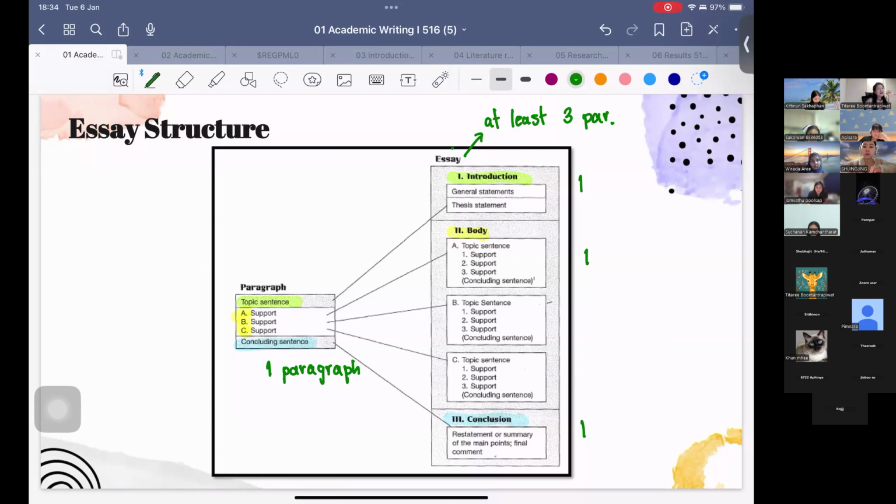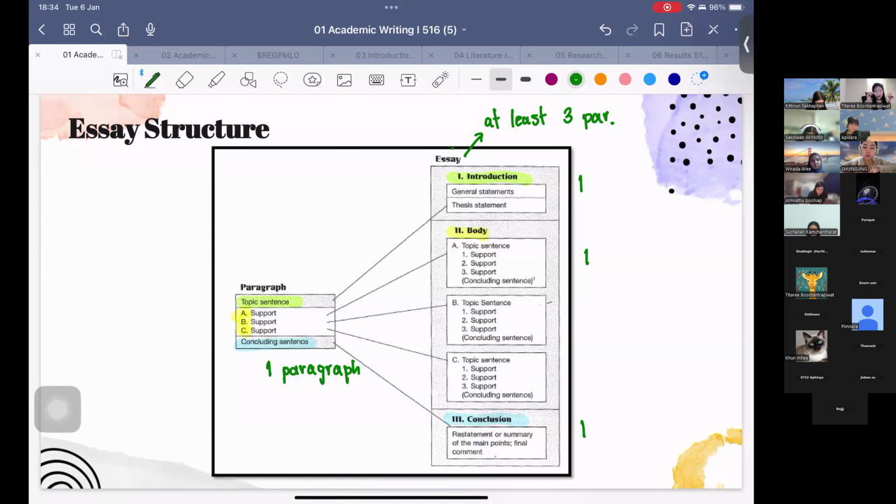Maybe 250 words for IELTS, if you're taking IELTS writing, which means you might end up with at least 2 or 3 body paragraphs in order to help you reach the minimum requirement.